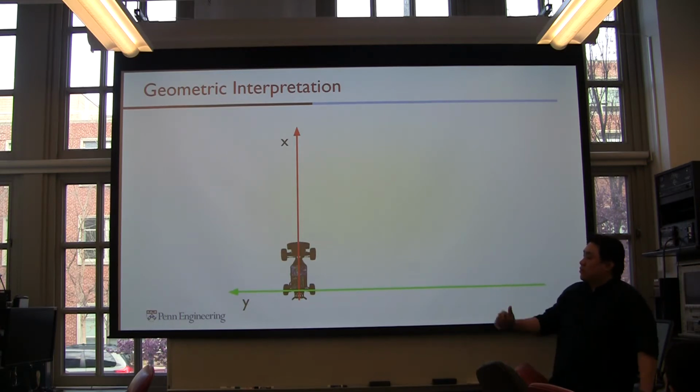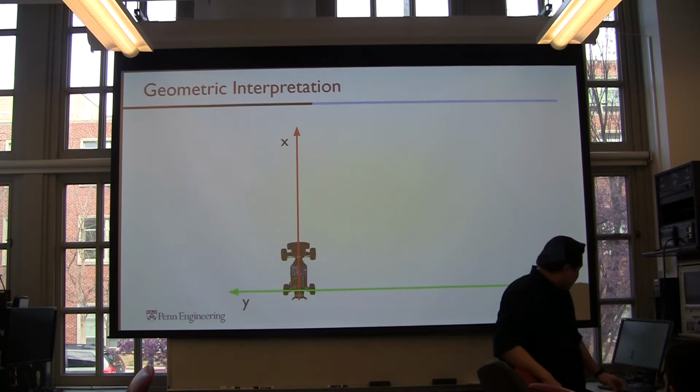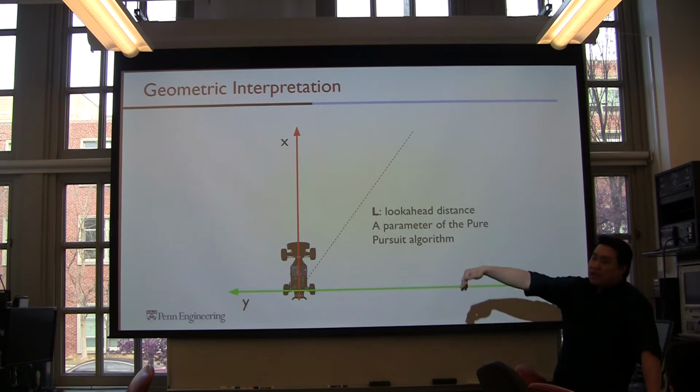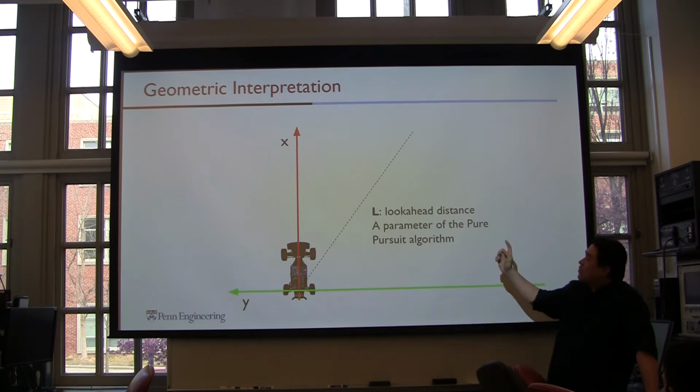It's a right-handed coordinate system, so it's always going to be like this on your car. And then we're going to introduce the concept of look-ahead distance. You're looking ahead at a fixed distance and searching for a waypoint in your list of waypoints to track. This is going to be a parameter of the algorithm. Anybody have questions on that one?